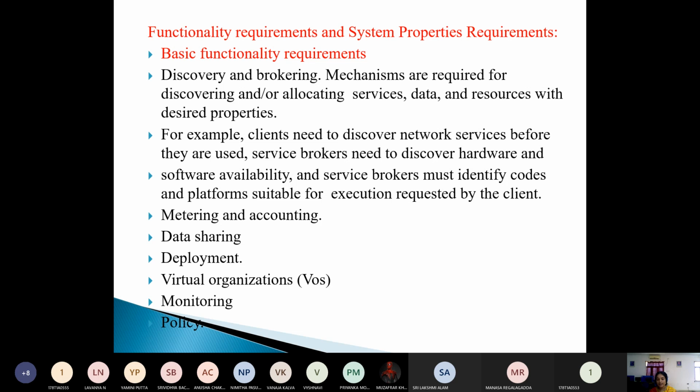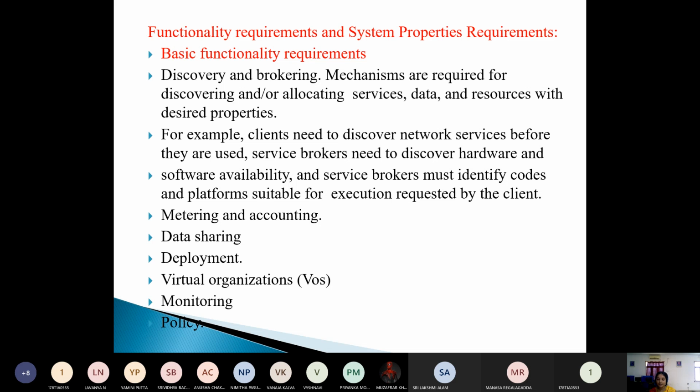Virtual organizations create a virtual organization in the grid to provide resources to the customer's job, since customers need resources for their jobs. So the grid virtual organization provides the resources to the customer's job. In the other grid, it requires either shared data or resources. So this is called virtual organizations.